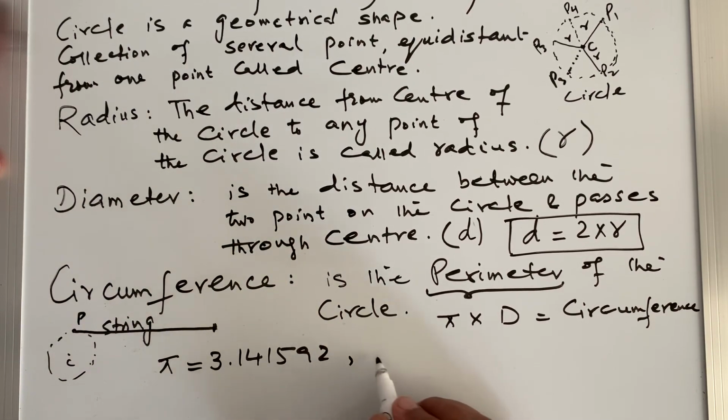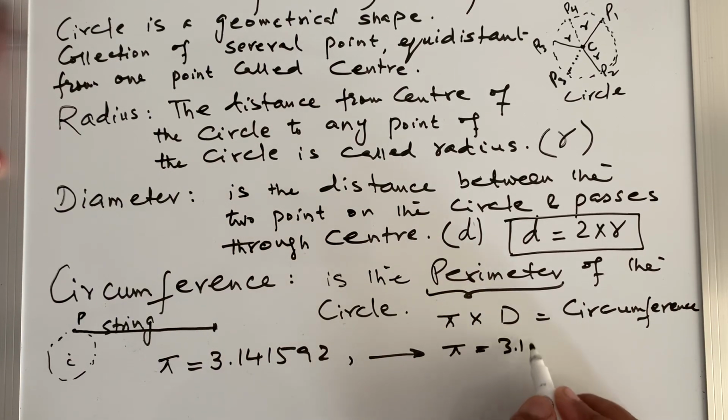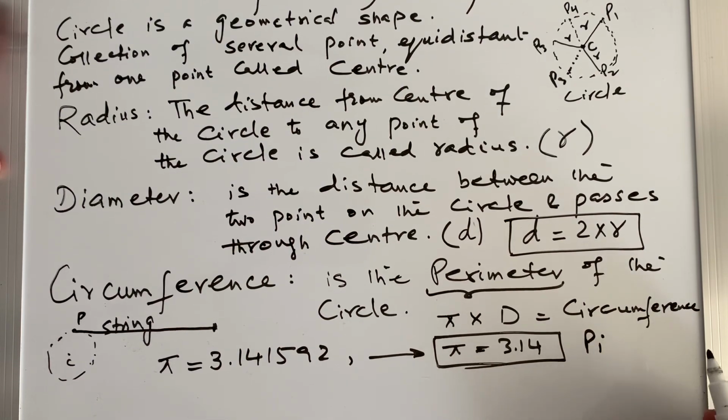But for the sake of simplicity, we only use pi equals 3.14. This is the most used value in our calculation. This is pi, and the symbol of pi is a Greek alphabet. This is pi.